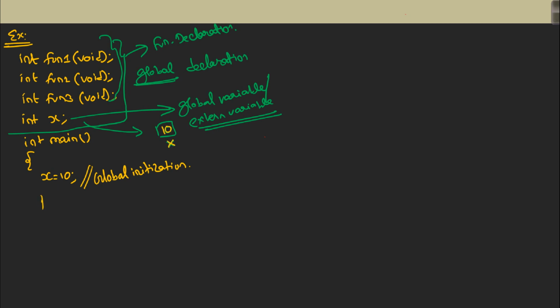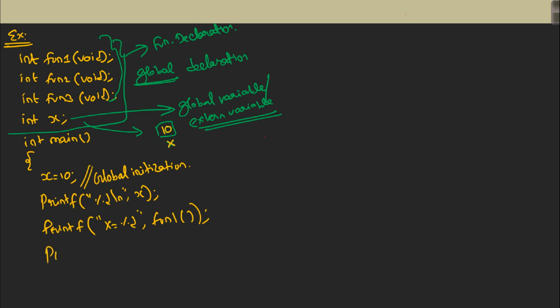Right? So printf("%d\n", x). Again a printf("x = %d", function1()); this is the function call, right? Because function name followed by list of parameters.